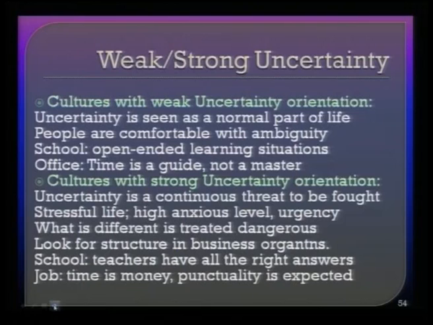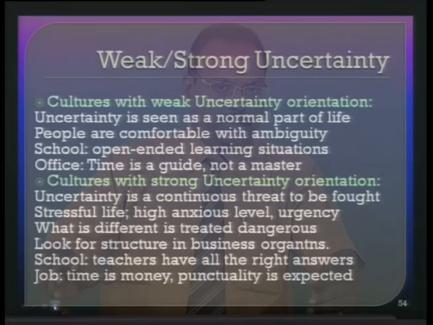So, in cultures with weak uncertainty orientation, uncertainty itself is seen as a normal part of life, it is seen as a norm, not something that is deviating, and people are comfortable with ambiguity. People are not threatened by situations which have more than one meaning, which are ambiguous, where things are not very clear, things are unknown.